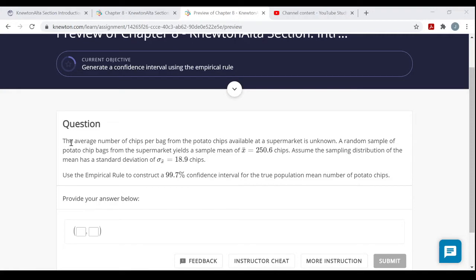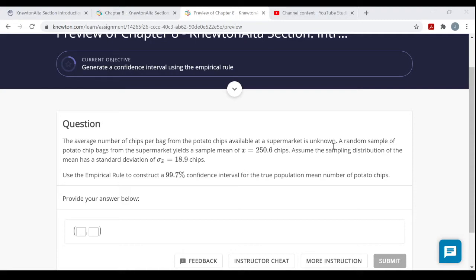So we're given here the average number of chips per bag from the potato chips available at a supermarket is unknown. This is like the population mean. If the population is all the potato chip bags at the supermarket, that mean, which we'll call mu, is unknown, and we're going to try to guess the average number of potato chips in each bag at this whole supermarket.